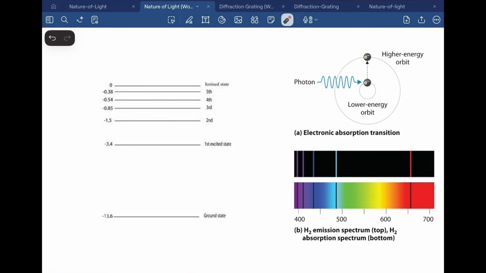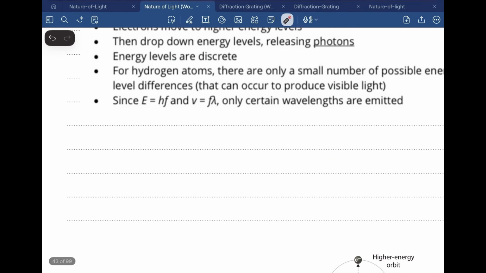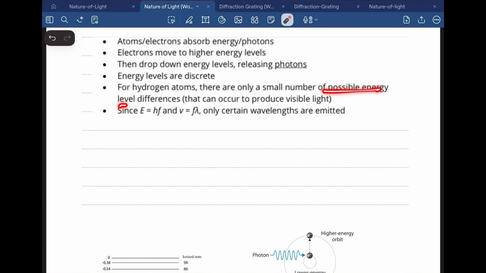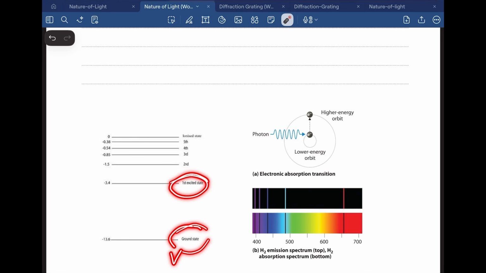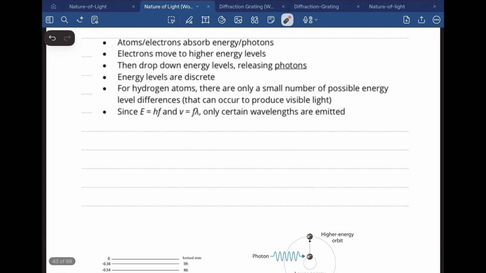So for the hydrogen atom, there is only a very small number of possible energy level differences that can produce visible light. Basically the first 2 ones, from the ground state to the excited state, and maybe the second state as well. But you will have to understand that a very small number of energy levels are available for hydrogen which will produce visible light.